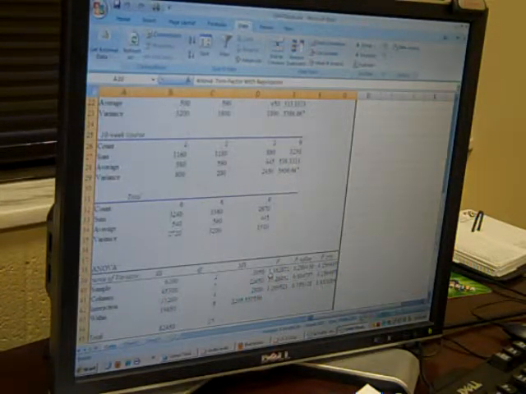6100 divided by 2 is 3050, and so on. Okay, this F is equal to 3050 divided by what? The error over here. The error, the within variance, the 2205, the mean square of the sample, or one of the variables, divided by the mean square of the error.